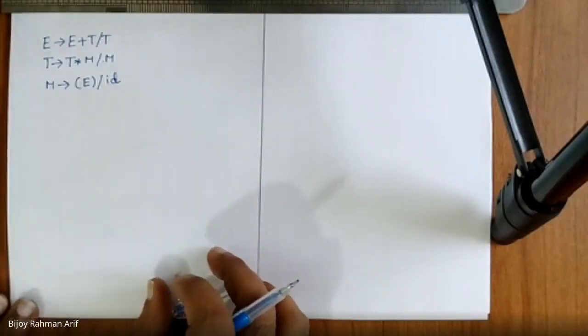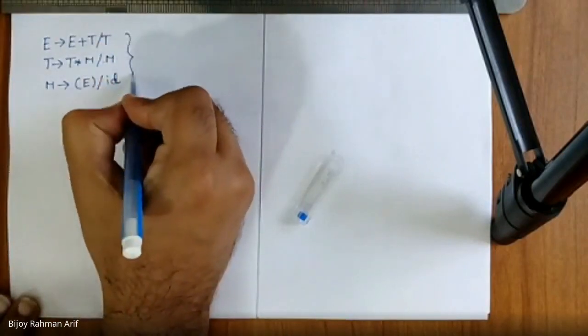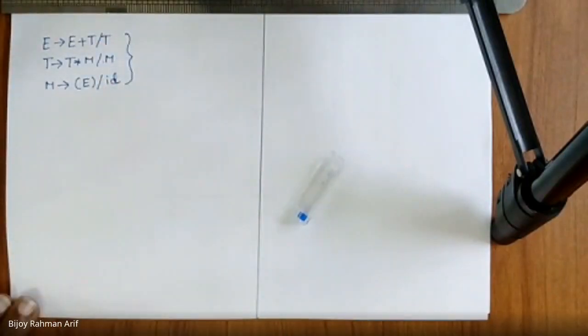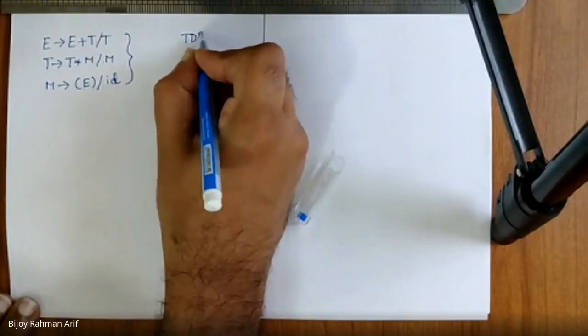What type of grammar is this? Is it possible to use this grammar in LL1 parsing or not? Top-down parser cannot use which type of grammar?